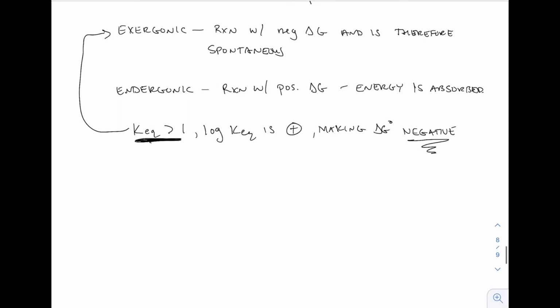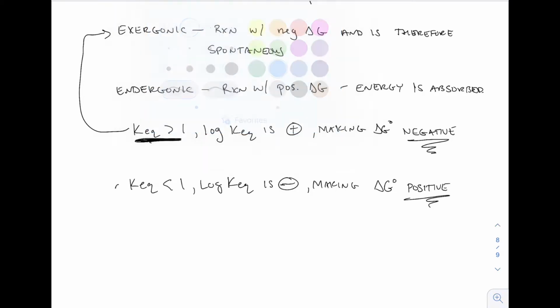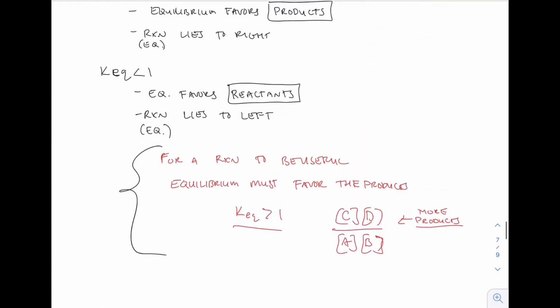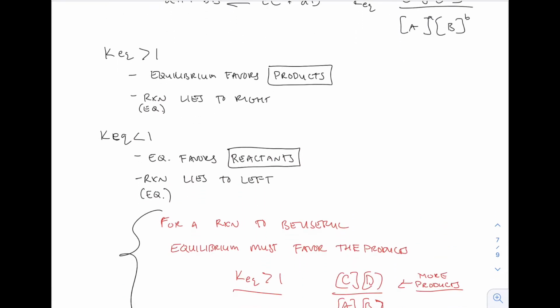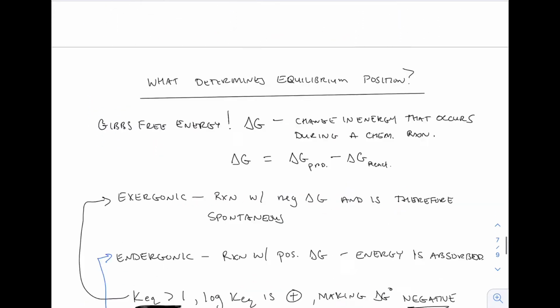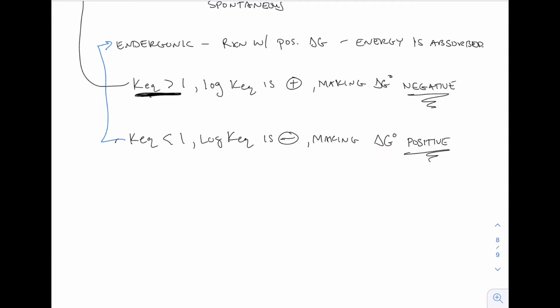So Keq less than 1 means that the log of Keq is going to be a negative value, and that makes delta G positive. And again, that's going to give us an endergonic reaction, which we don't want because that means the equilibrium favors the reactants.